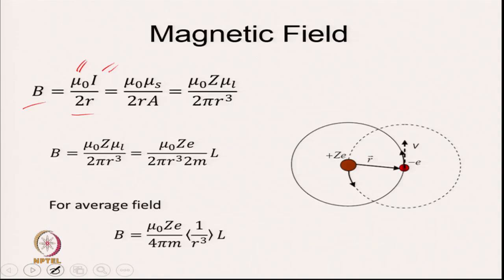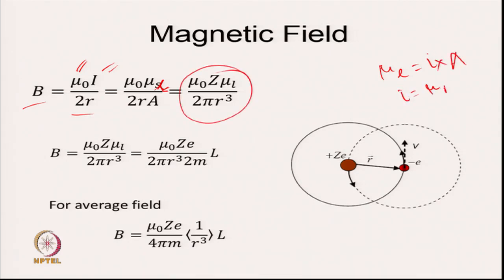I showed you that your mu L is equal to I into A. So, I is equal to mu L by A.